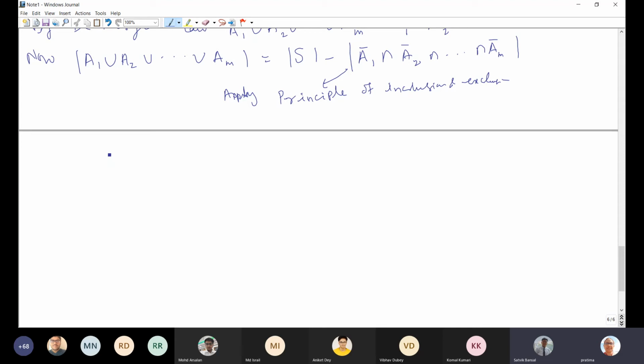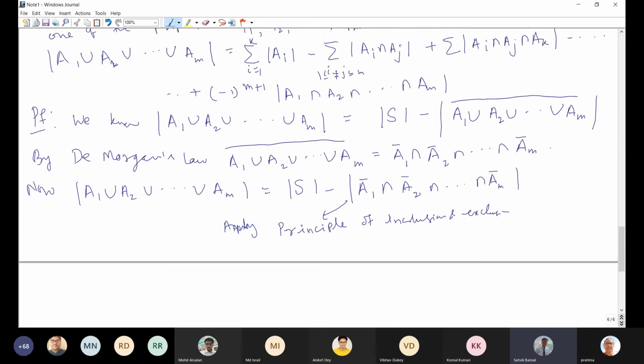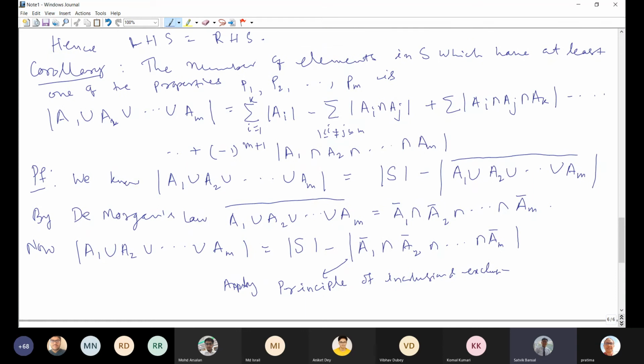Ma'am, can we directly write, like, by the principle of inclusion and exclusion, A1 union A2 till the end is equal to sigma A1 minus sigma, while solving a question?